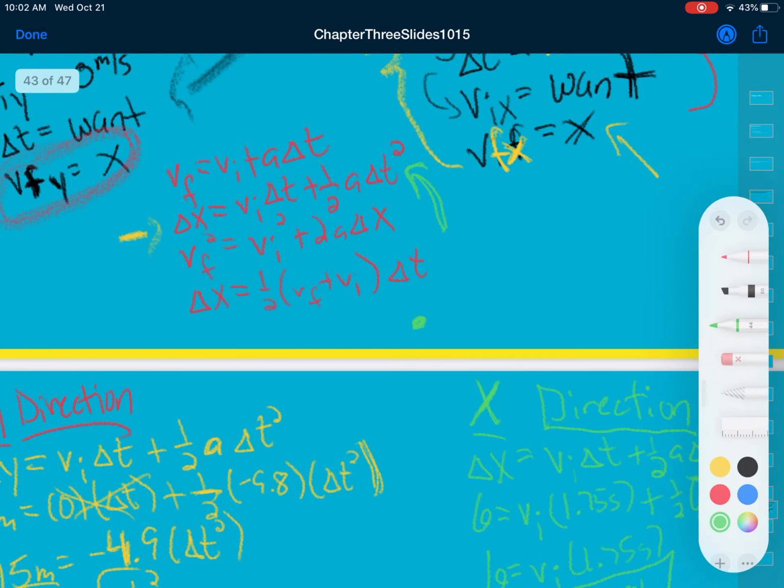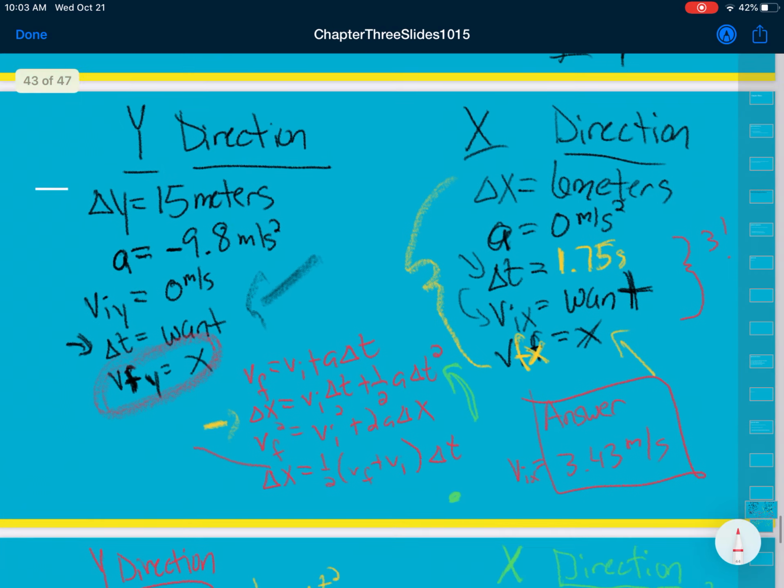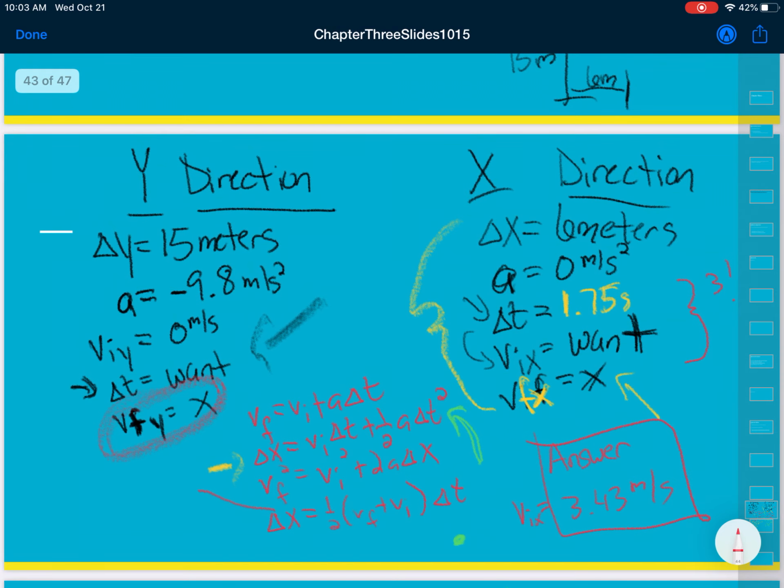So then my answer is 3.43 meters per second, and that is your VIX. Okay, so that is kind of the breakdown of the question. That is how you should go about solving a projectile motion question like that.